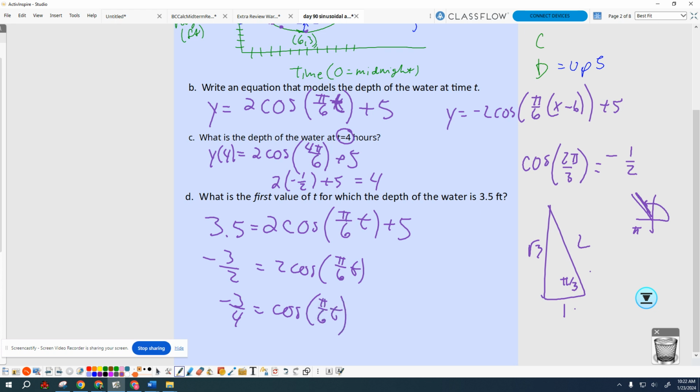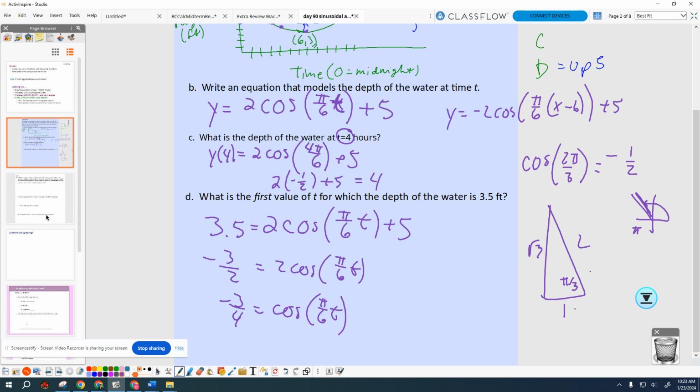Do I know when cosine is negative 3 over 4? Is that on the unit circle? Okay, this would be a calculator question at this point, which I don't know that we have the time to do today. So we will save that for tomorrow.